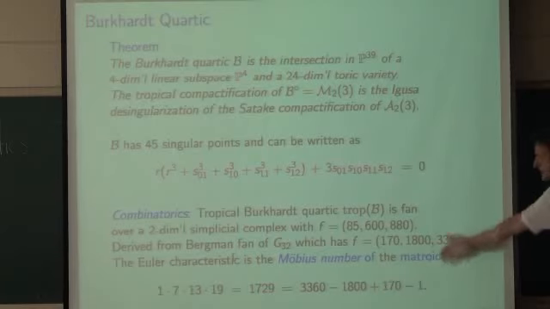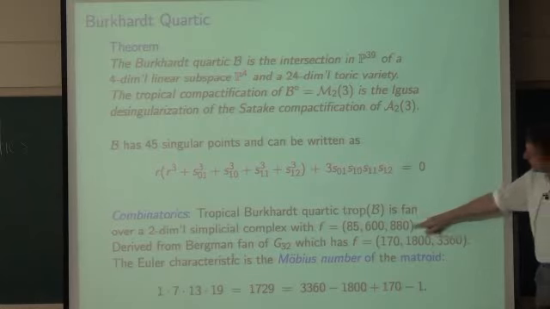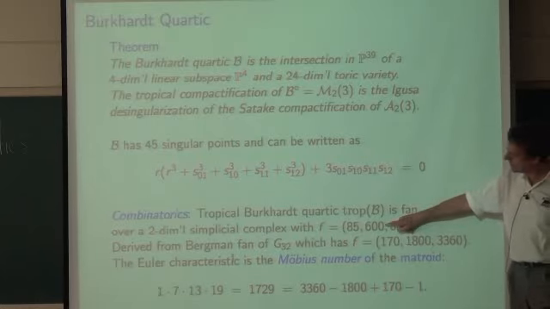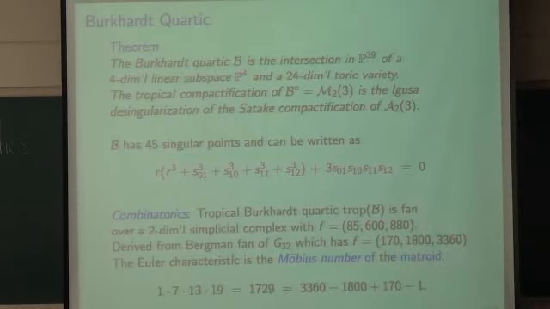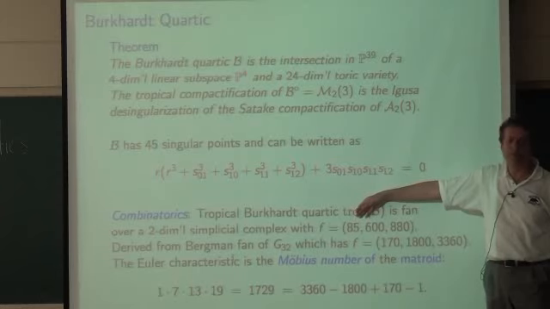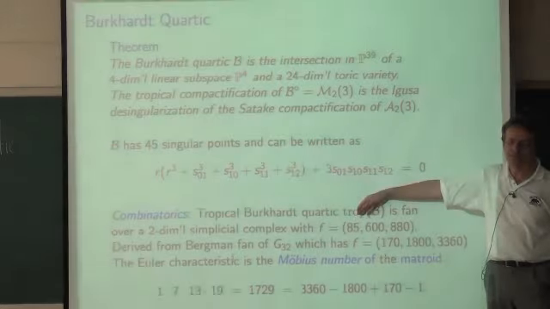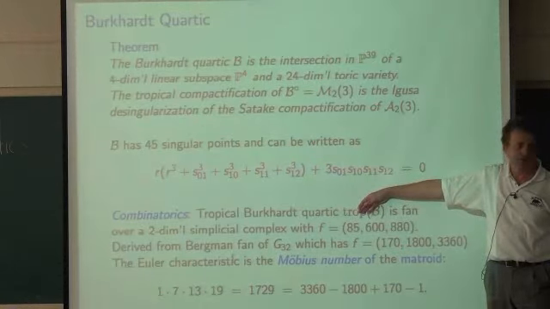Here's the combinatorics. So the tropical Burckhardt quartic is a fan over a 2-dimensional simplicial complex with 880 triangles, 600 edges, and 85 vertices. 85 is 40 plus 45. 40 Lagrangians, 45 pairs of non-Lagrangians.